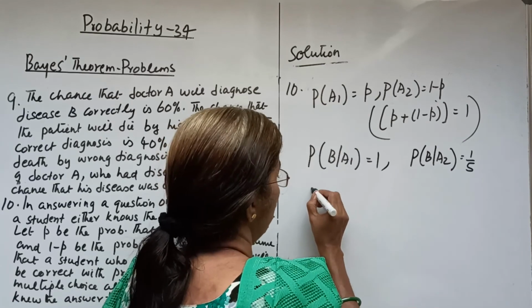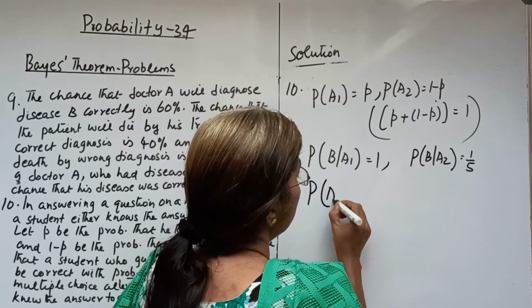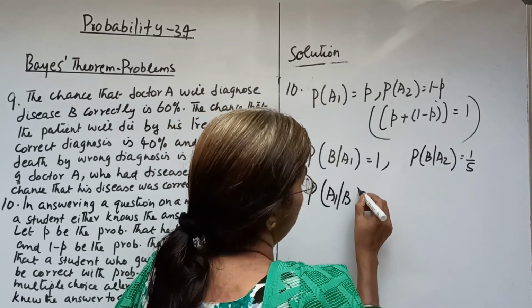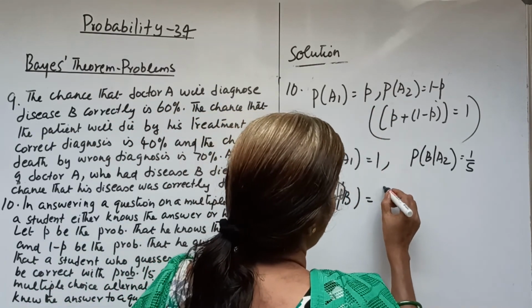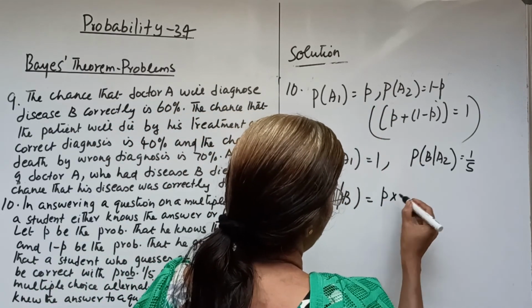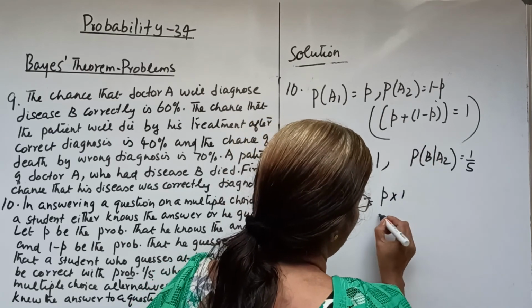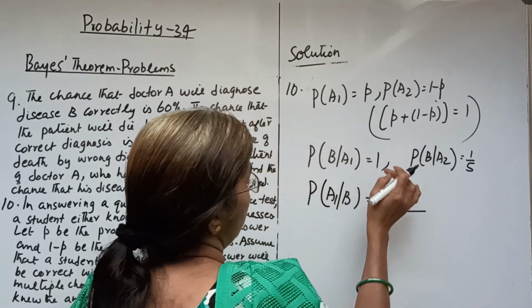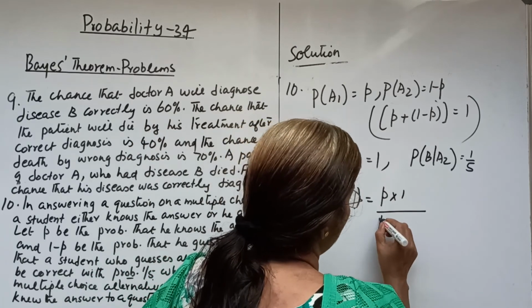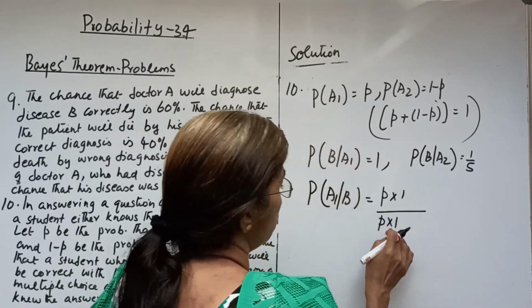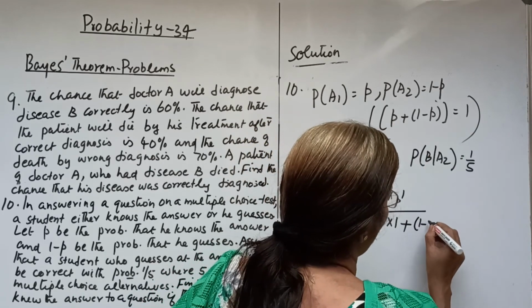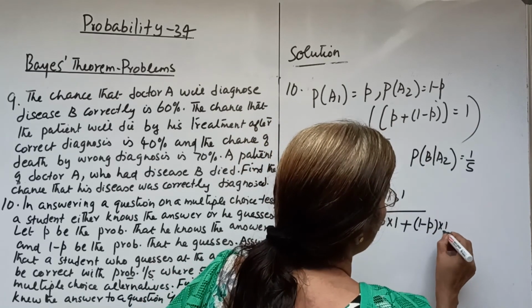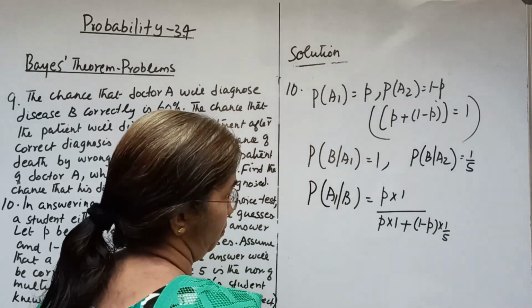Now we directly substitute. P of A1 given B equals P into 1, divided by P into 1 plus 1 minus P into 1 by 5.